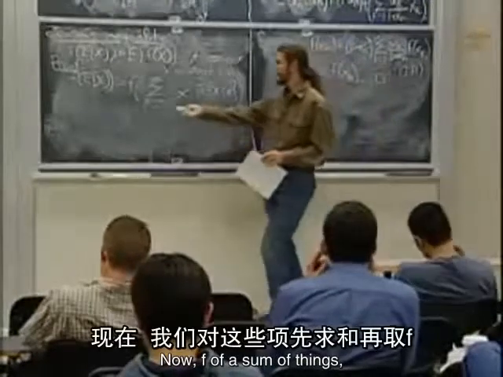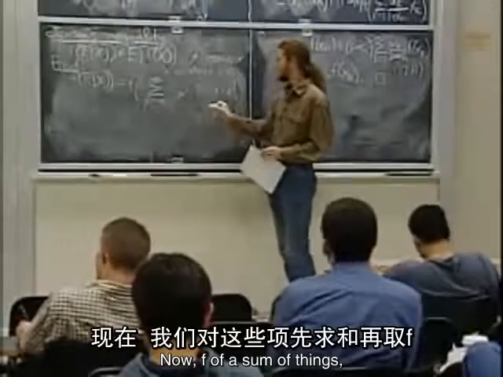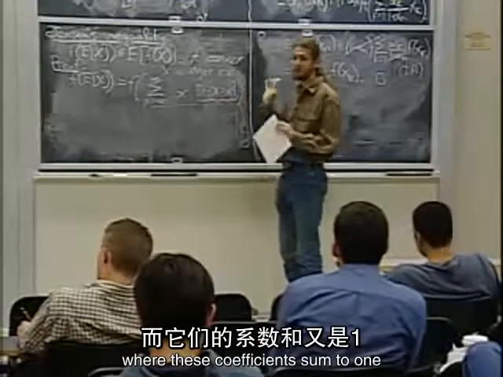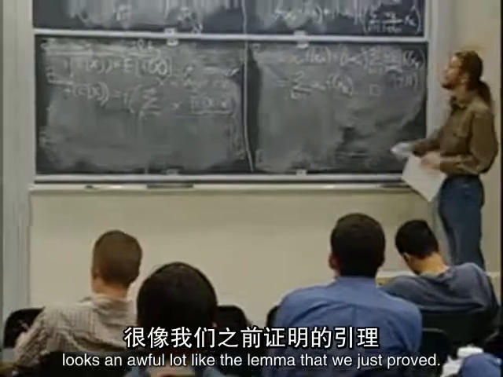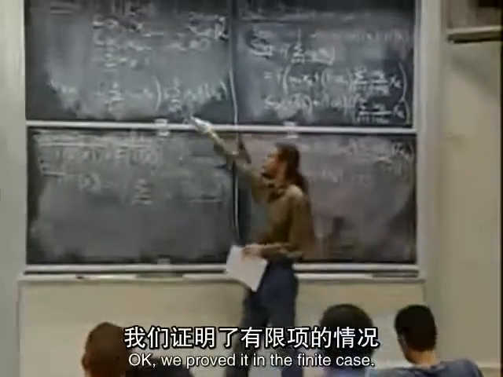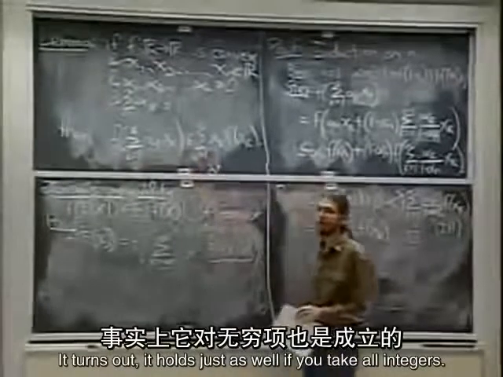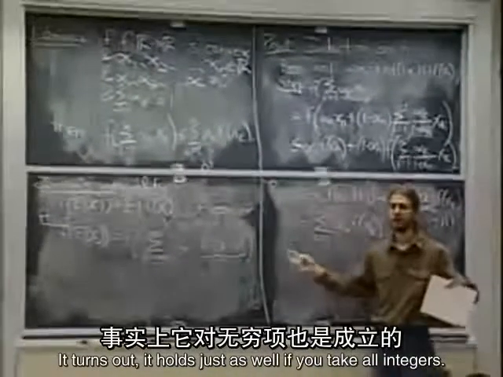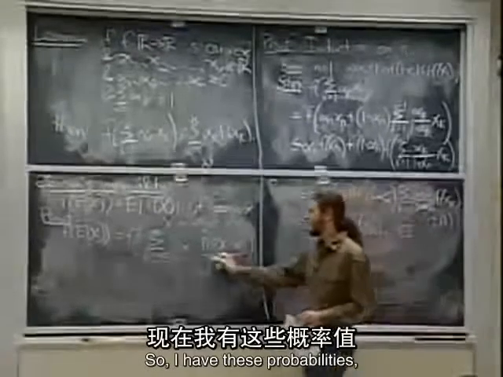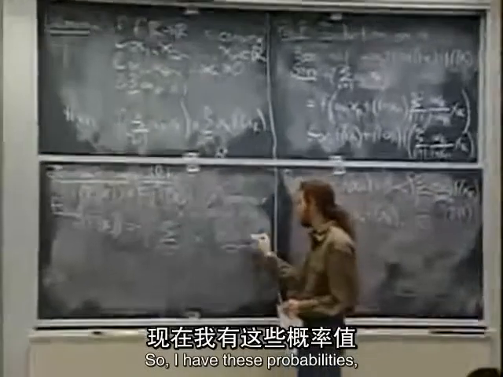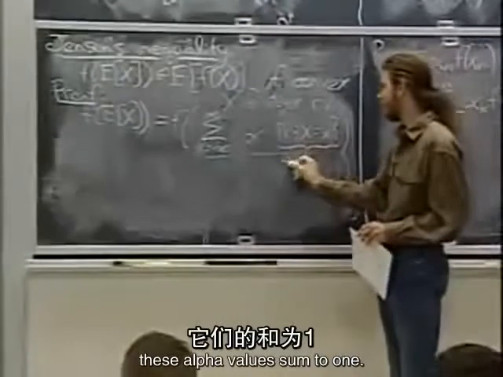Okay, that's the definition of the expectation. Now, f of a sum of things where these coefficients sum to 1 looks an awful lot like the lemma that we just proved. We proved it in the finite case. It turns out it holds just as well if you take all integers, so I'm just going to assume that. So I have these probabilities, these alpha values, that sum to 1.